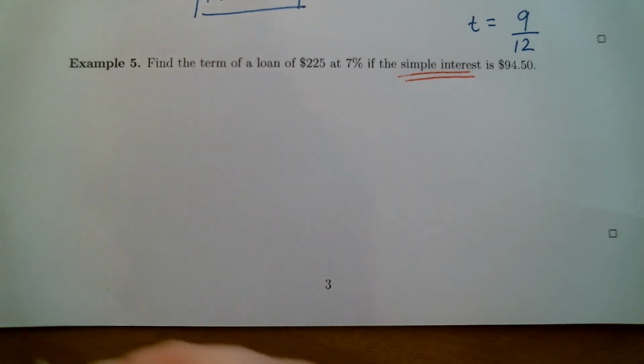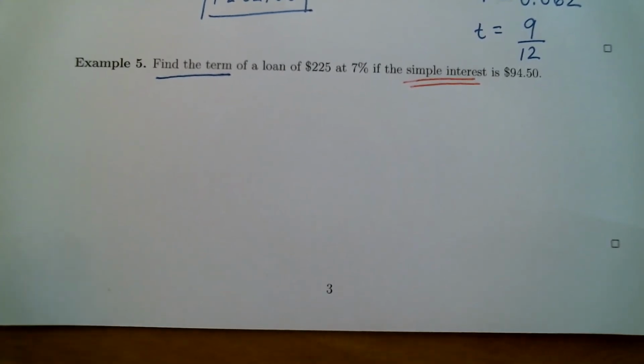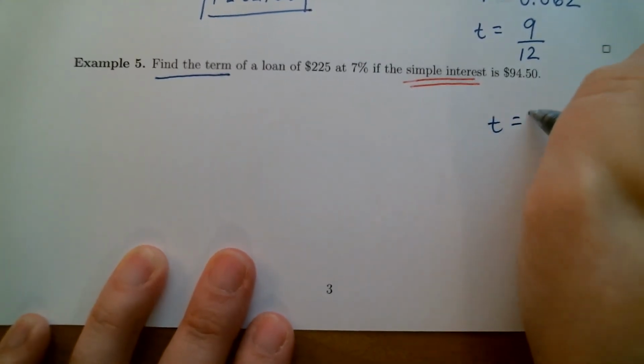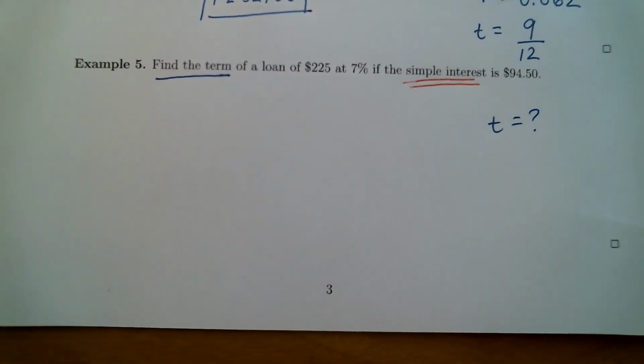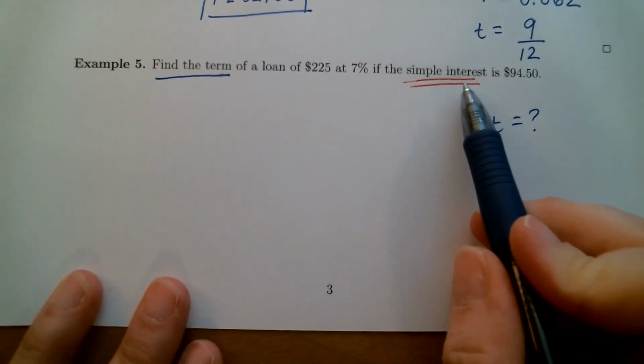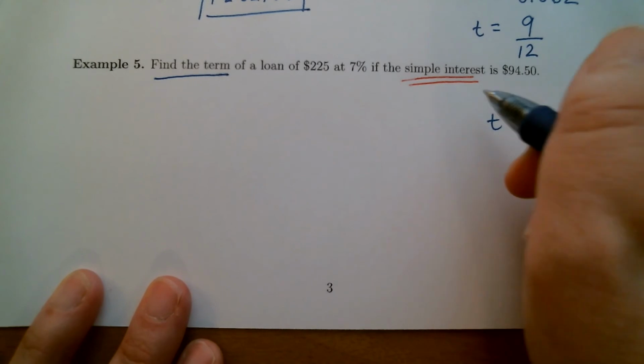When you read the problem here, it says find the term of the loan. Term means time. So you are looking for time in this case. Both formulas have time in them, so you're going to have to look at some other information that you've been given. You are told that the interest is $94.50.